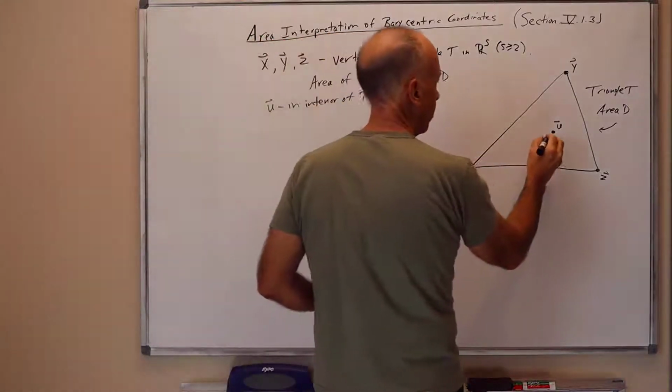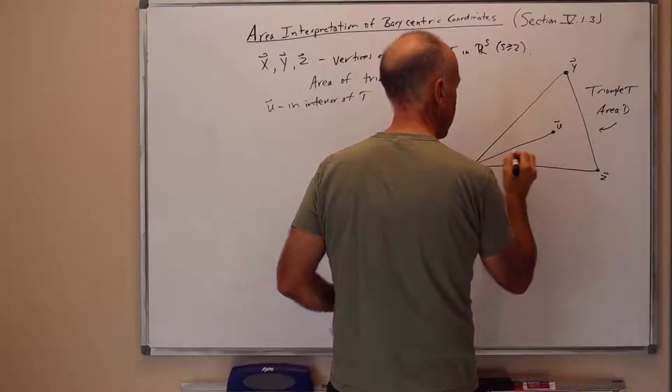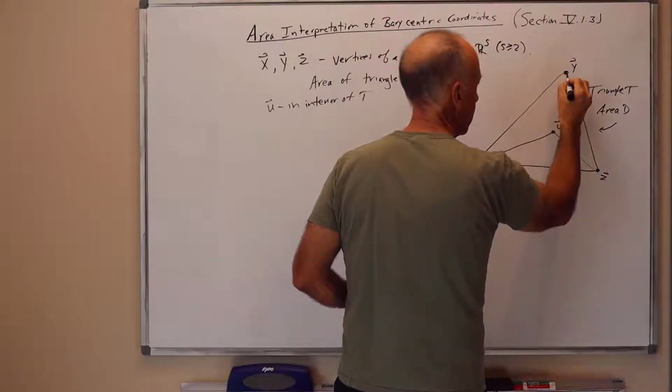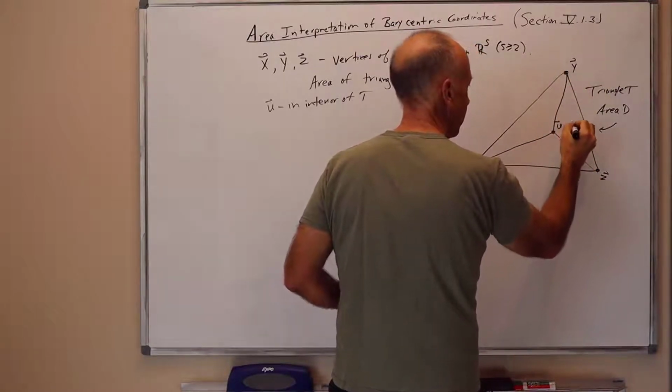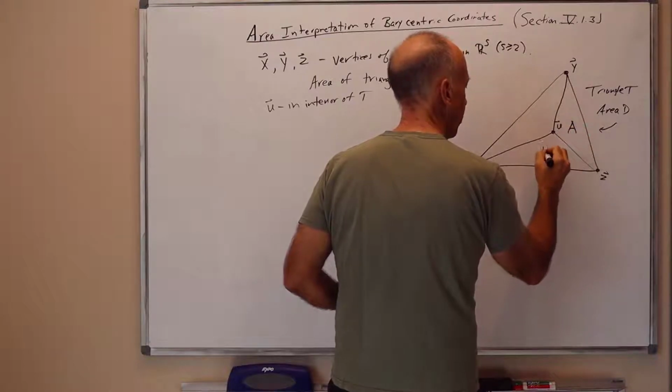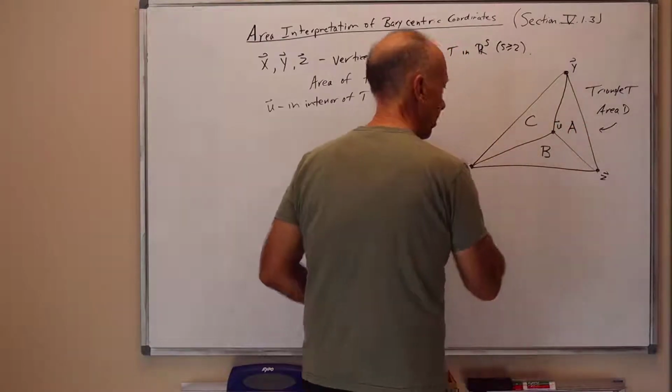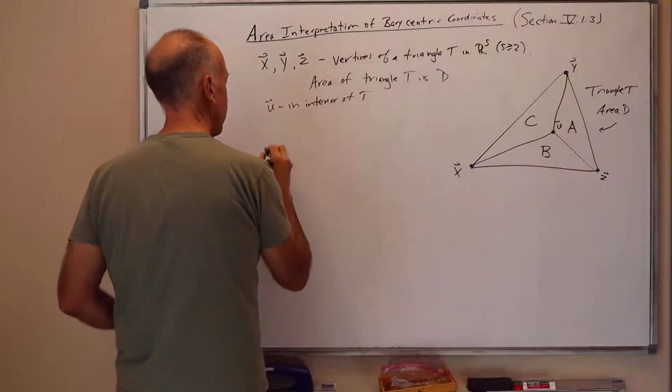And we're going to draw 3 triangles inside T. There's a triangle with area A here, a triangle with area B here, and a triangle with area C there.